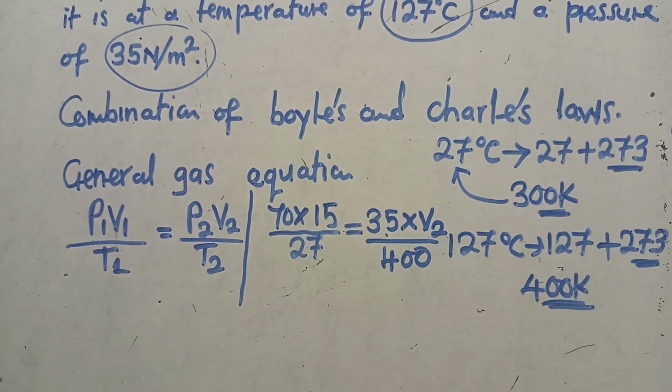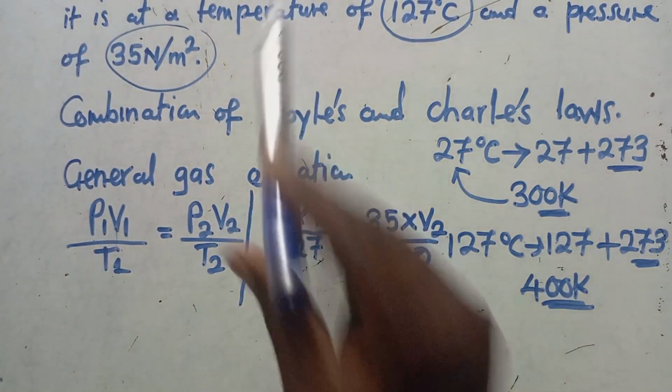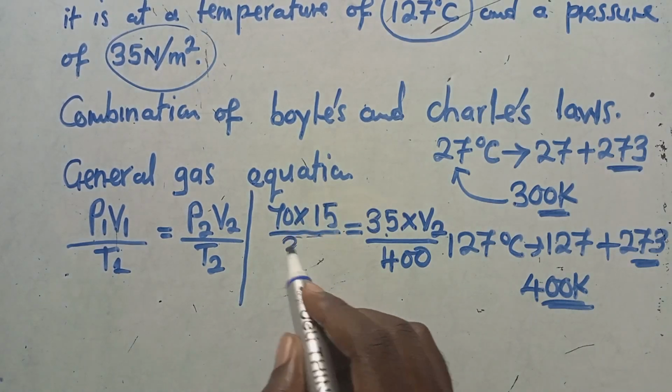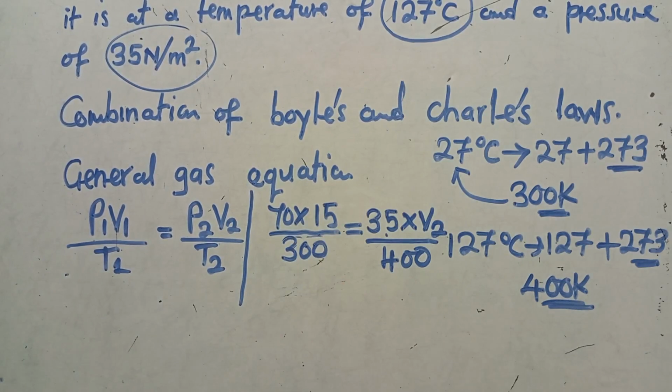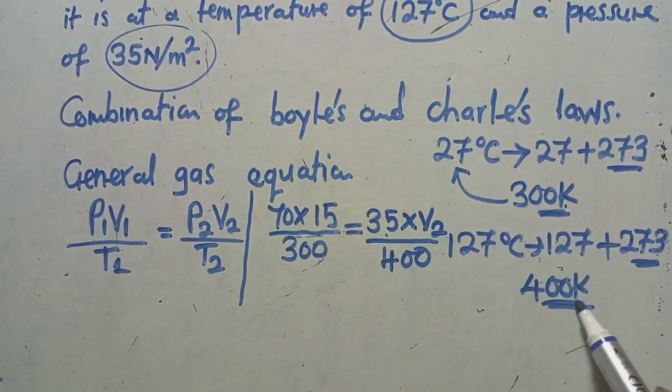Before we even go further, don't forget, this 27 has not changed. It is the temperature, so this one should have been 300. Because it is the temperature 27, I put 300. 127, I put 400.